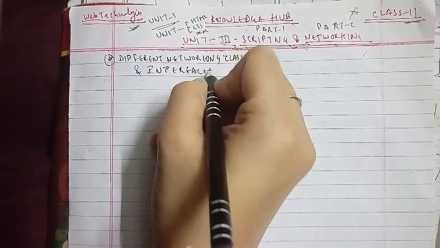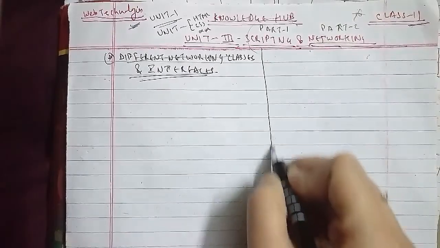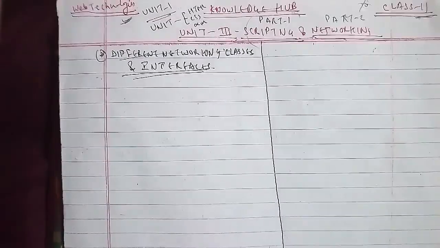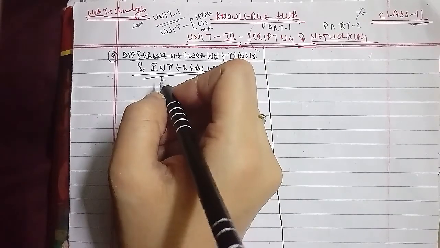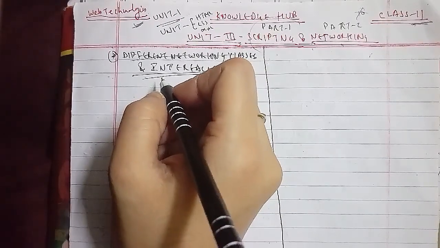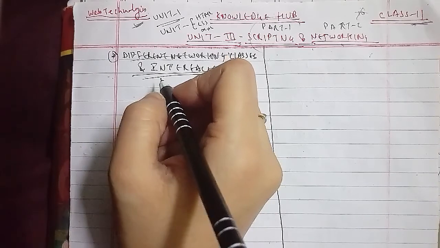That is what we'll discuss here. As I told you, we had covered internet addressing and networking and the whole scripting part. This was part 1. So this is what we are going to discuss here: different networking classes and interfaces.